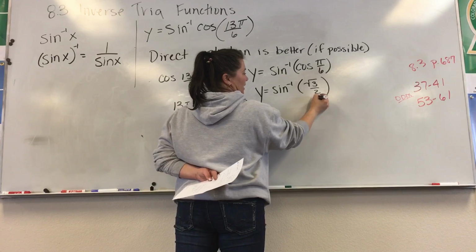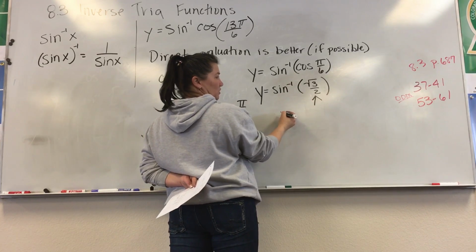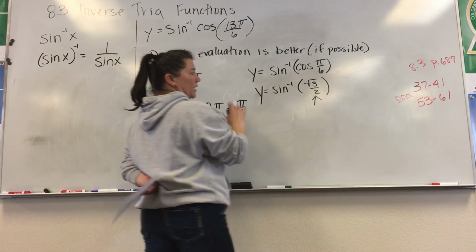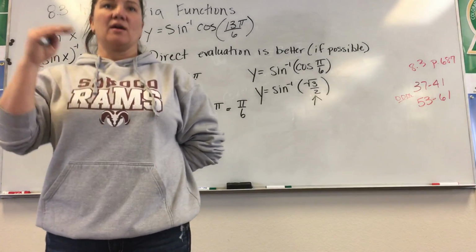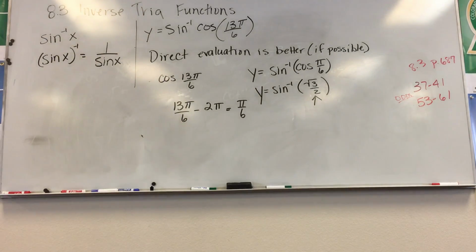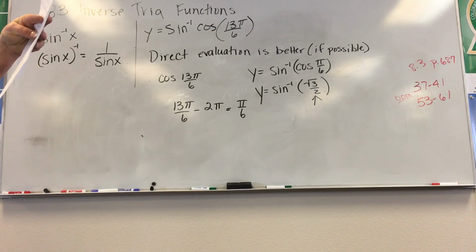Remember, this is the ratio, so my answer is going to be an angle. So what angle has a sine of the square root of 3 over 2? 60 degrees, or pi over 3. We're looking at inverse sine, so is pi over 3 between negative pi halves and positive pi halves?